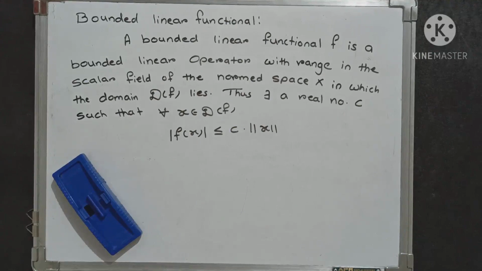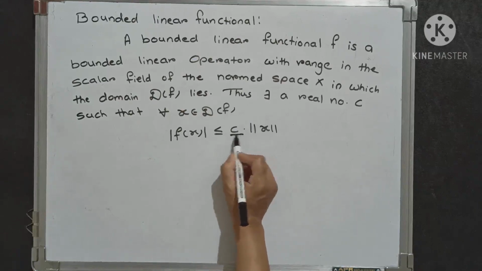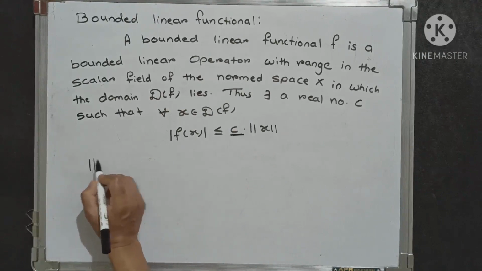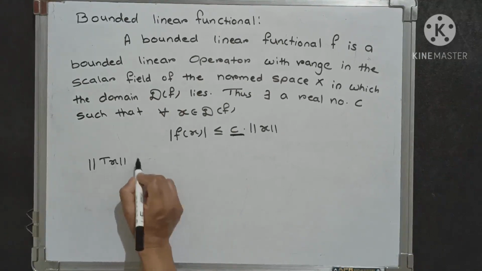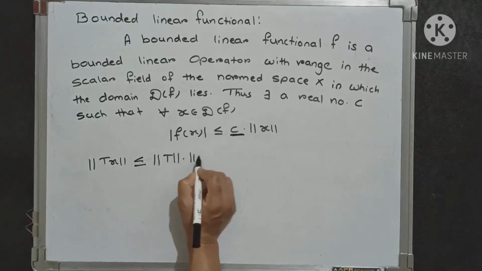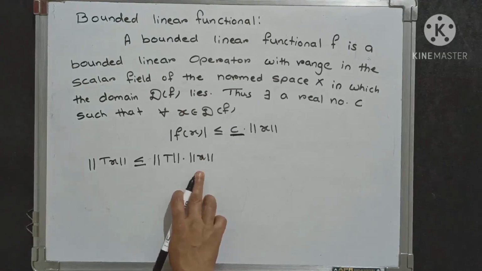Now after the definition of the bounded linear functional, we see the value of c for the bounded linear operator: norm of Tx is less than or equals to norm of T into norm of x.